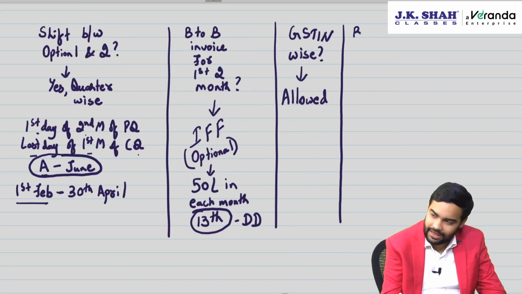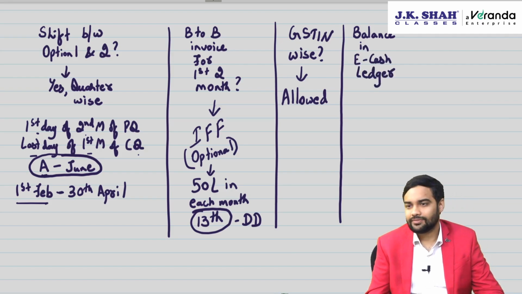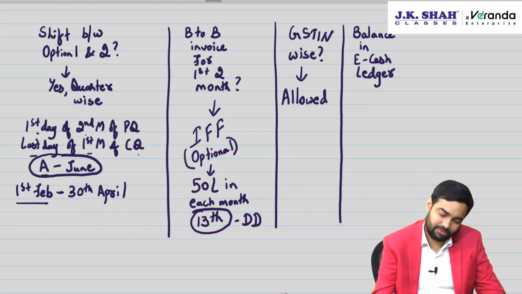And what about balance? Say suppose there is some balance in e-cash ledger. You deposited 35%, but thereafter there was no sale. So if there is some balance in e-cash ledger, what about that balance? Can that balance be used for any other purpose?